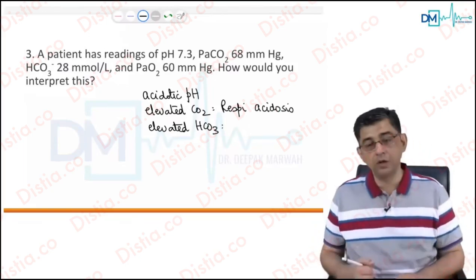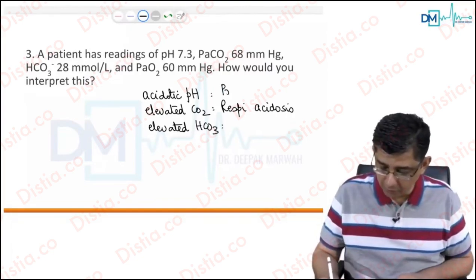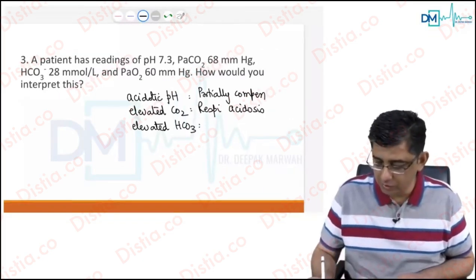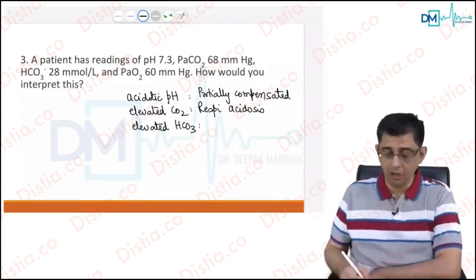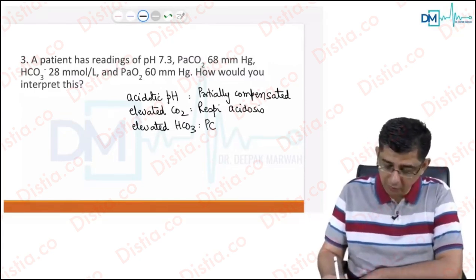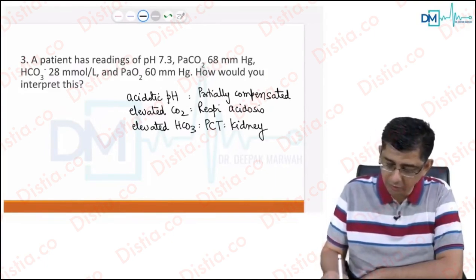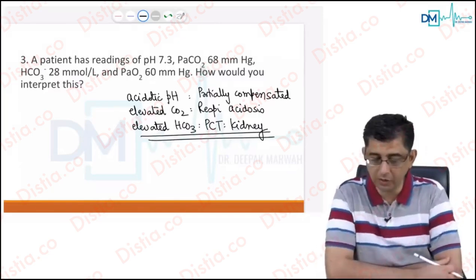The pH has not become normal in this guy, so I will say that this patient has partially compensated respiratory acidosis. The word partially compensated is mainly to highlight that pH is still 7.3. The elevated bicarbonate is with the help of the proximal tubule of the kidney, which has upgraded this bicarbonate, and therefore the bicarbonate has neutralized some of the protons, which is why this guy is still living.